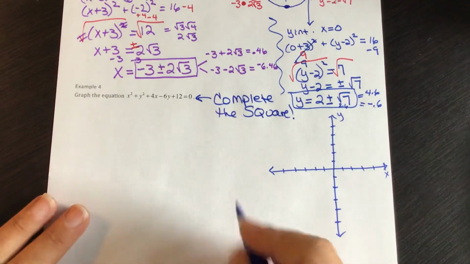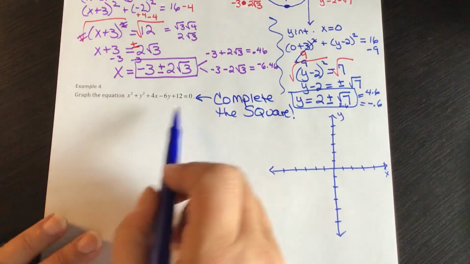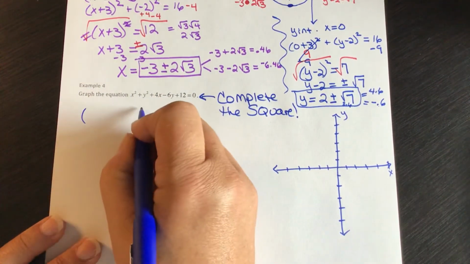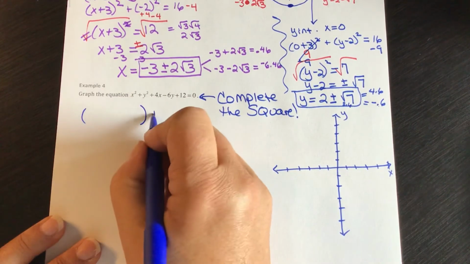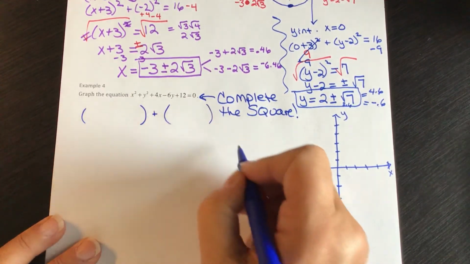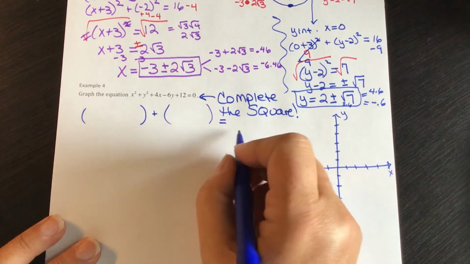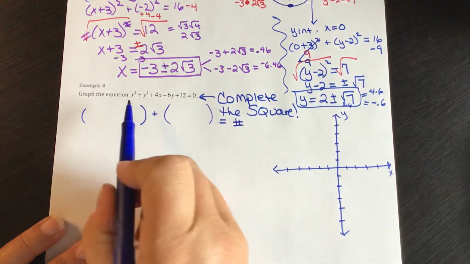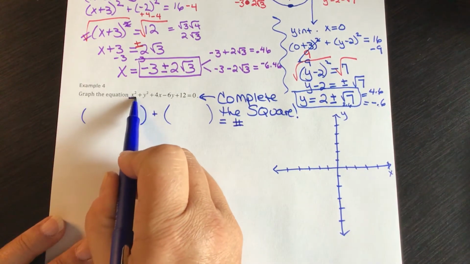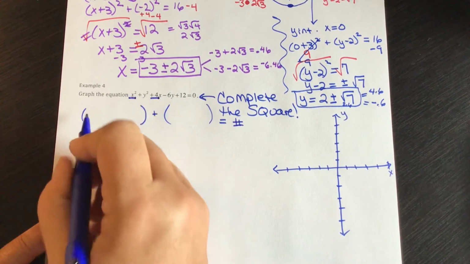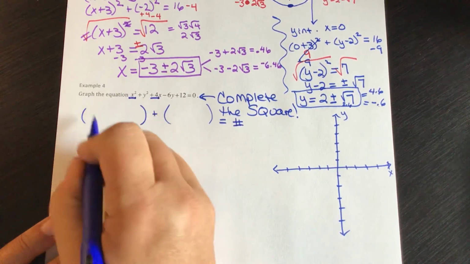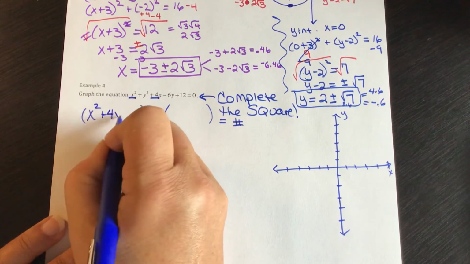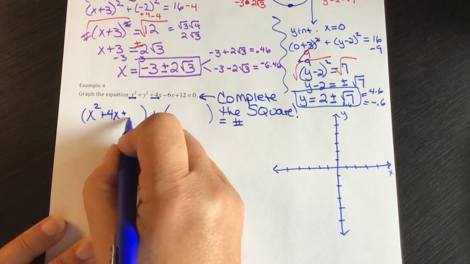All right. So to complete the square, what I'm going to do is reorganize some of these terms. So I'm going to have some terms that are x terms, and I'm going to have some terms that are y terms, and then that's going to equal some number. All right, so I'm going to take the x squared and the 4x and put them in this set of parentheses, x squared plus 4x, and I'm going to make this a trinomial.